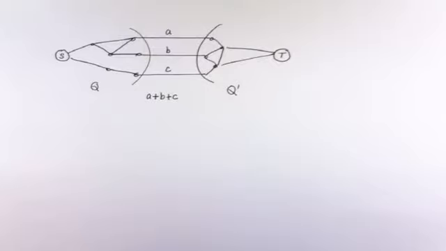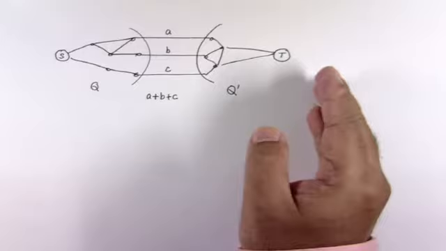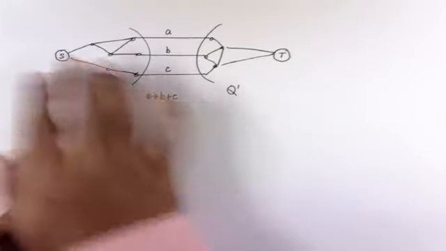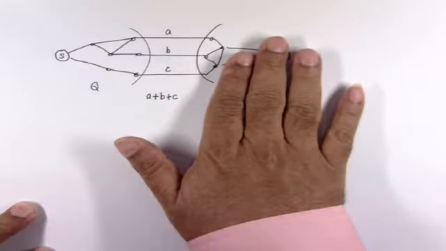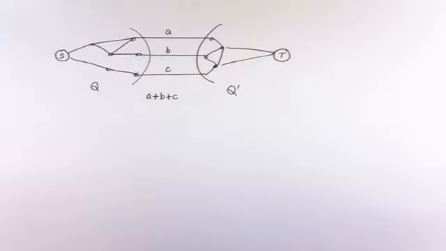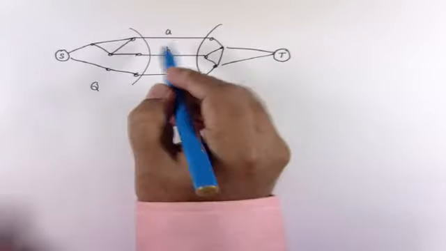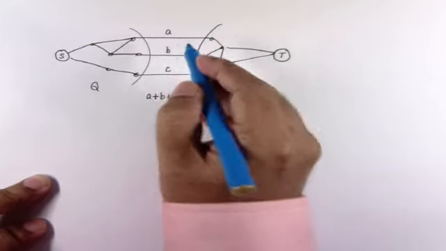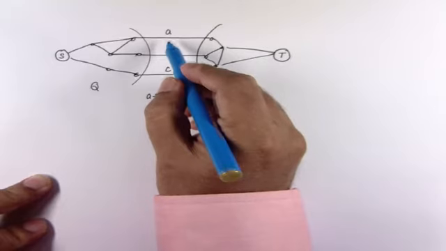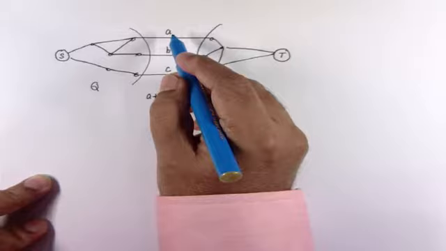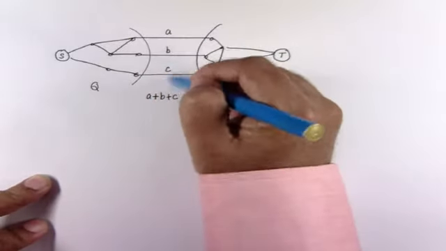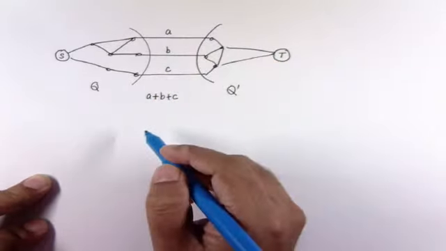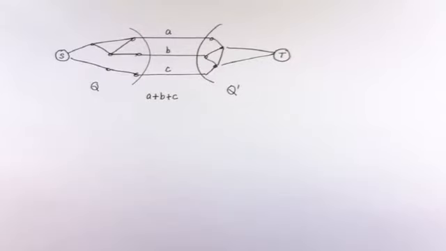That is obvious, because any flow that goes from S to T will have to cross from Q to Q dash side. It has to go from this side to this side. The maximum capacity that can flow cannot exceed the sum of these 3 capacities, because how will the remaining amount go?